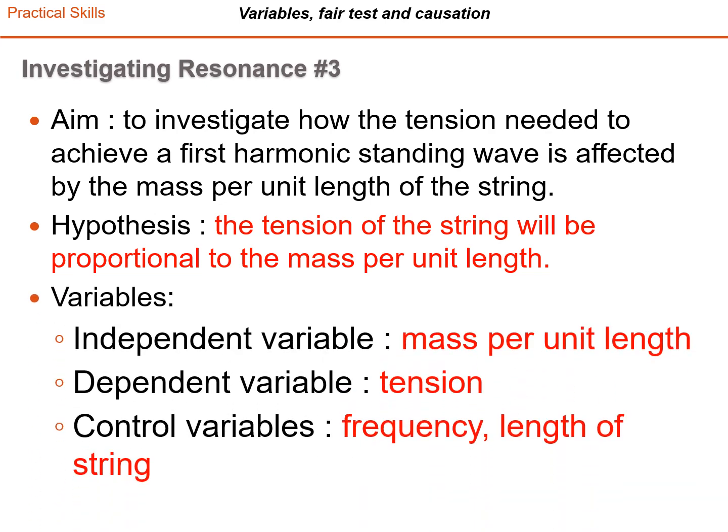The variables then are here. The independent variable is the mass per unit length because that's what we're going to choose. We're going to change that. The dependent variable will be the tension, and then we've got our remaining variables there which we're going to keep the same as our control variables.